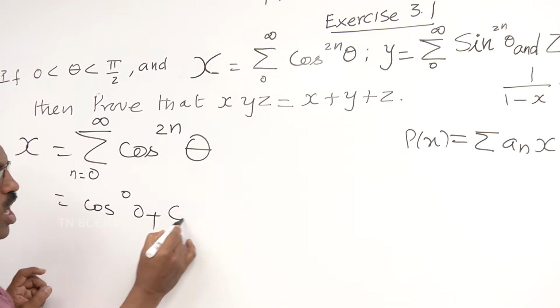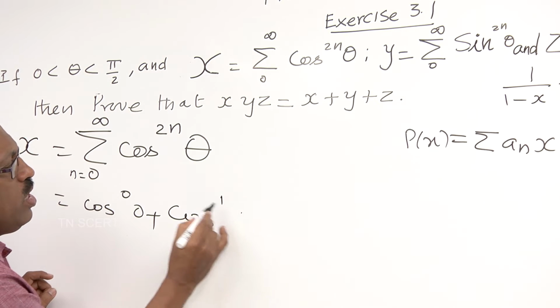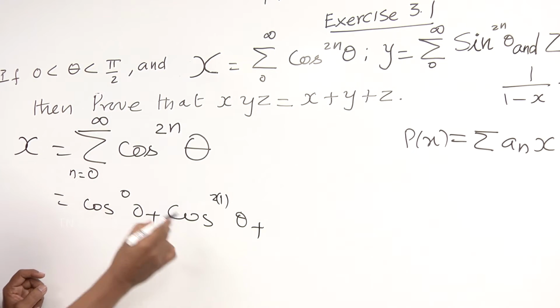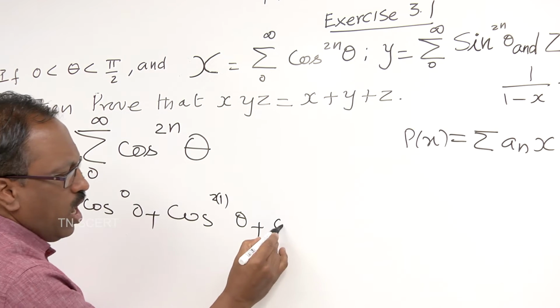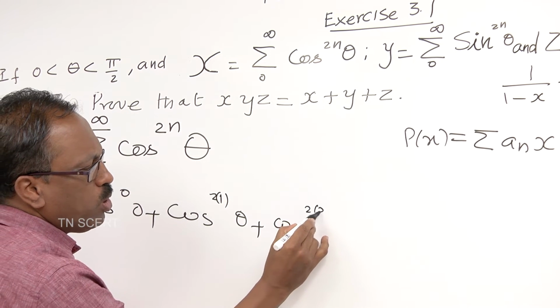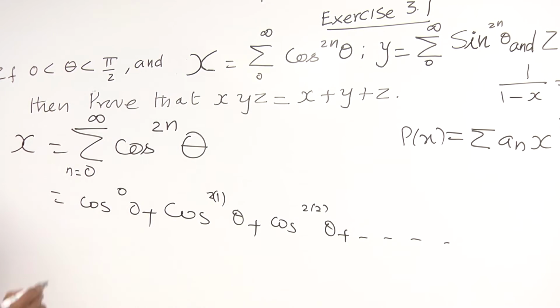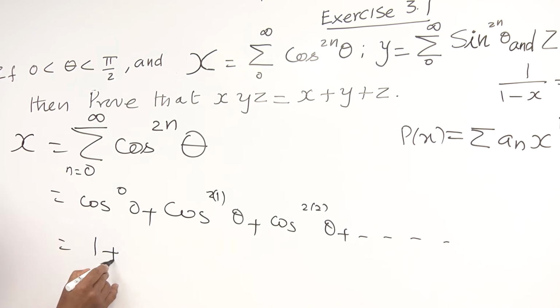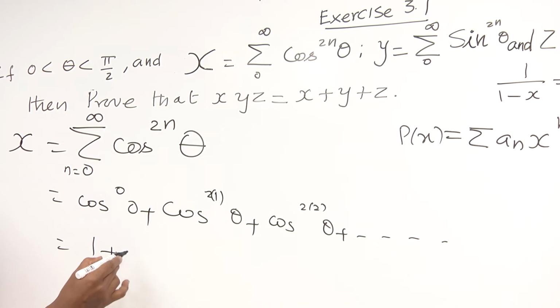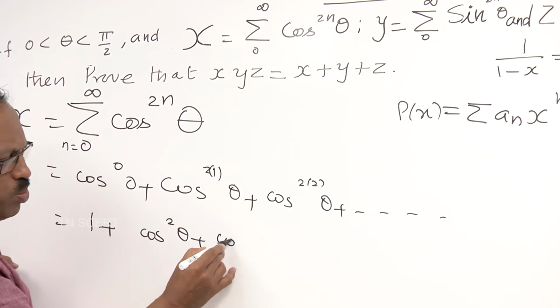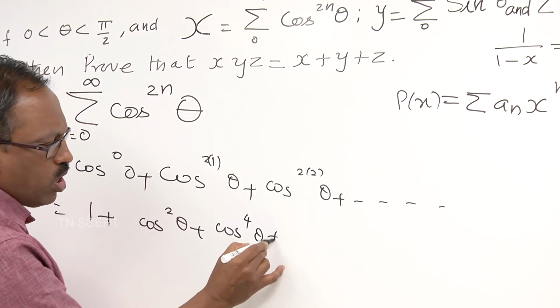So cos power 2 into 1, that is cos square theta. Then n is 2, cos power 2 into 2, cos power 4 theta. Likewise it keeps going. So cos power 0 is nothing but 1, plus cos square theta plus cos power 4 theta and so on.